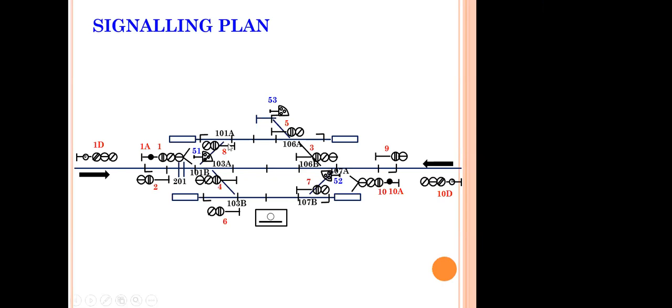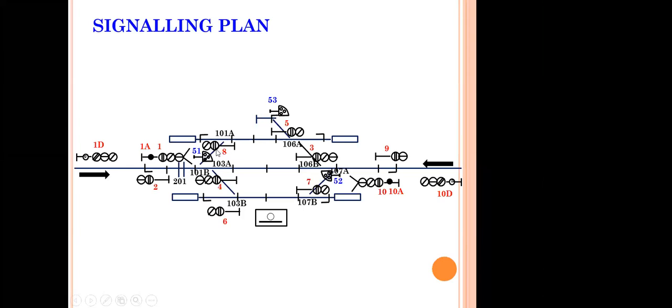A crossover point, which has two different ends, is numbered as A and B. There are two different equipments to operate this point, called point machines. There is one point machine at 101 A end and one at 101 B end. It does not mean that they work independently. No, they will not be working independently.